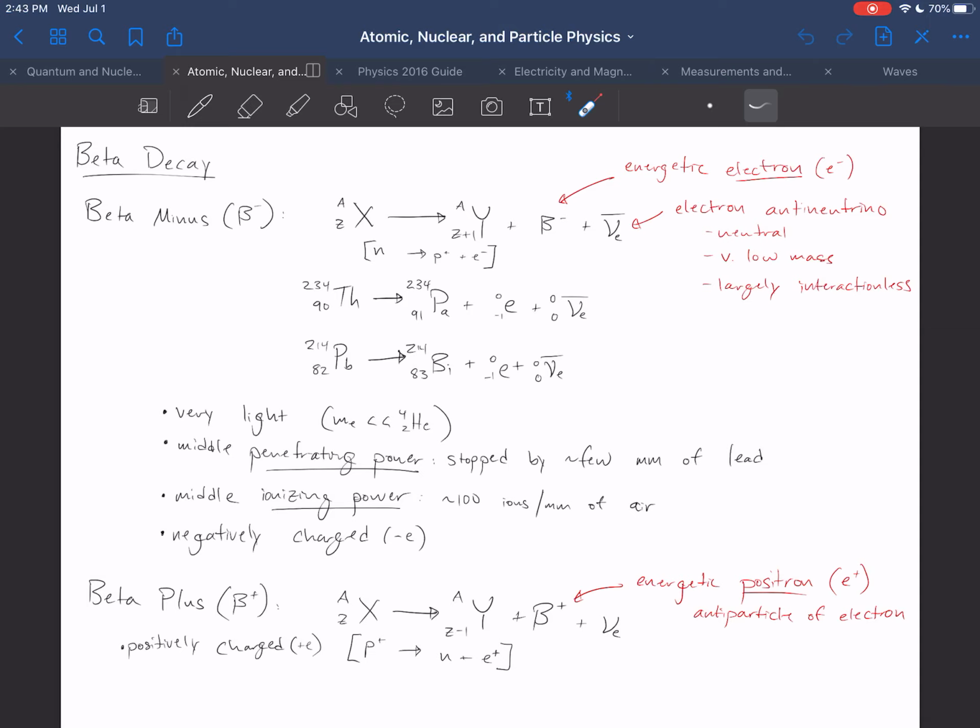So this positively charged beta particle also has the other properties of beta minus decay. It is very light. It has a middle strength penetrating power and middle strength ionizing power.